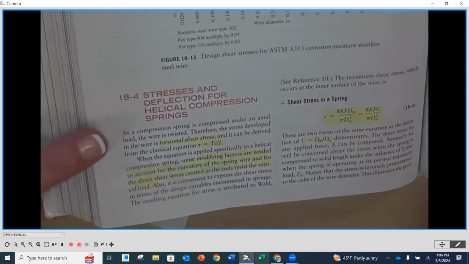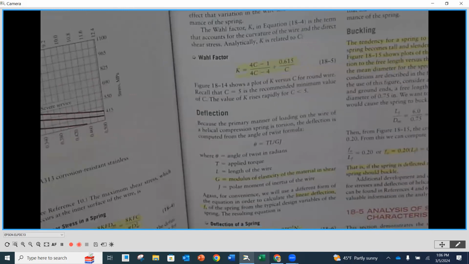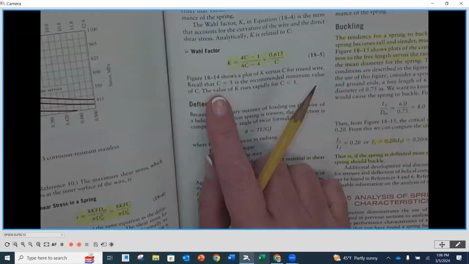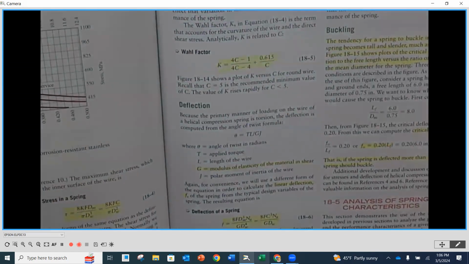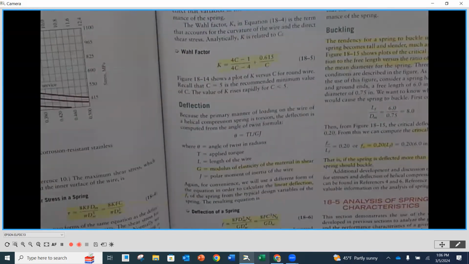Now, because it's using C, if you recall, C is recommended to be greater than 5. If C is too small, it's going to be going around a diameter that could cause that wire to crack.